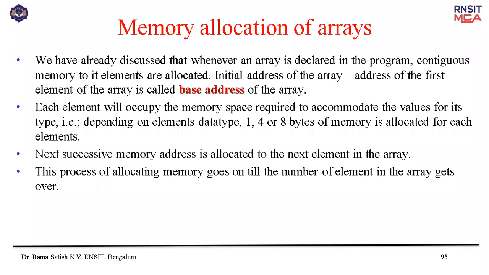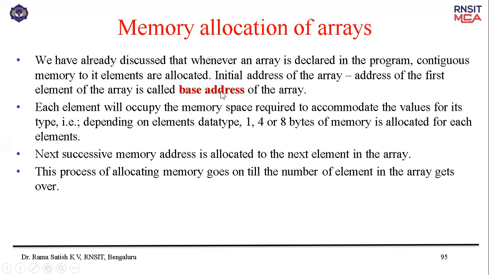The memory allocation for the array is successive. Initially you have the base memory address for the first element, and the next elements get successive memory addresses allocated next to the base address. This process of allocating memory goes on till the number of elements that you have in the array.